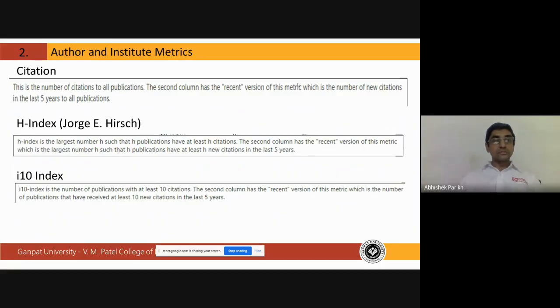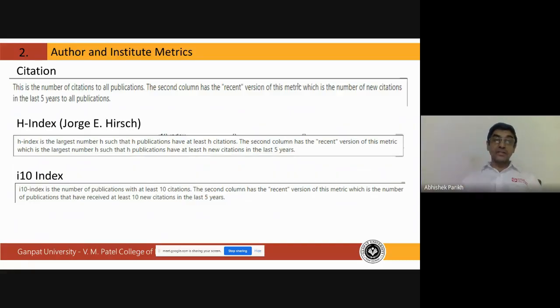So then the third methodology of identifying research contribution by an individual researcher is the i10 index. So what is the i10 index? It's the number of publications with at least 10 citations. Here it is not necessary that your 10 articles should have 10 citations.